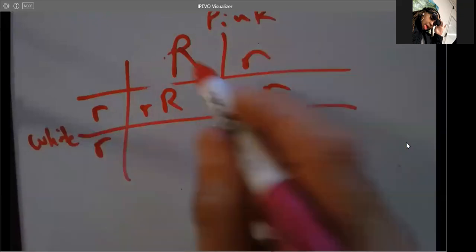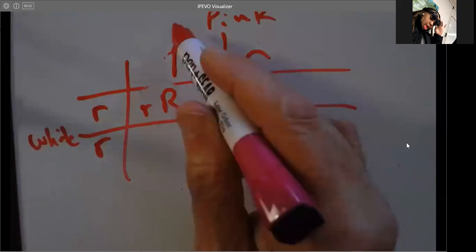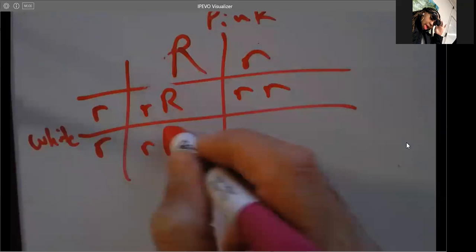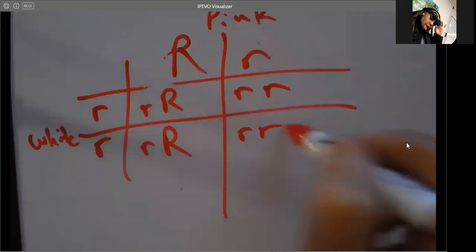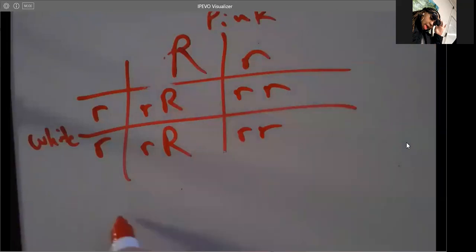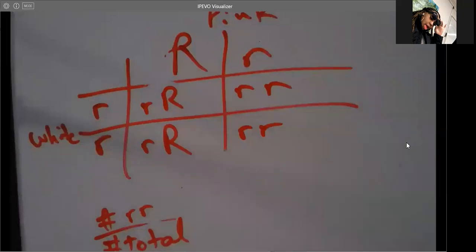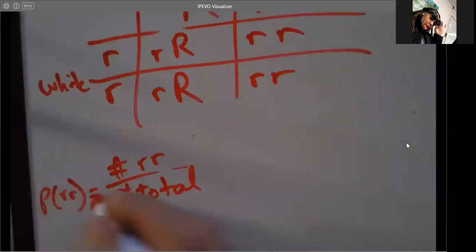Are you with me? Yes, sir. And then we've got lowercase and uppercase again, so another pink, and lowercase and lowercase. So we've got a total of 4. We're looking at the number of white over the total, for the probability of getting pure white.